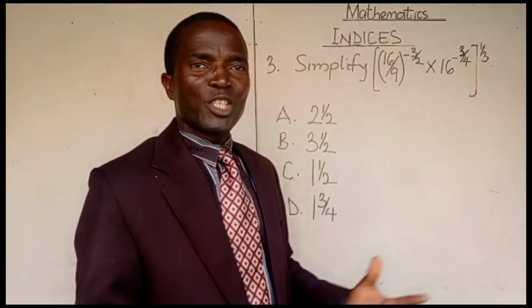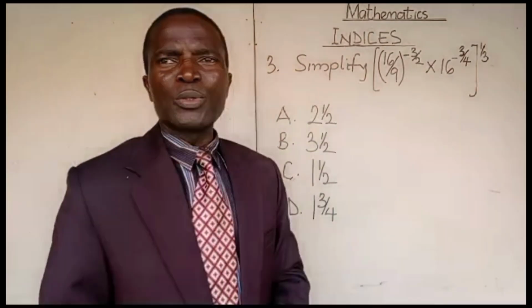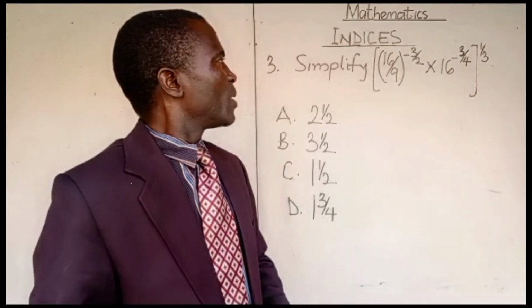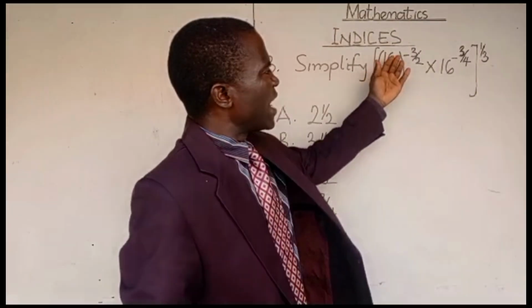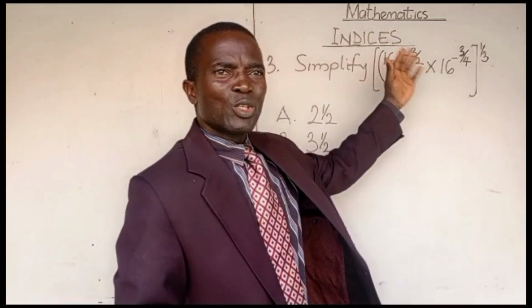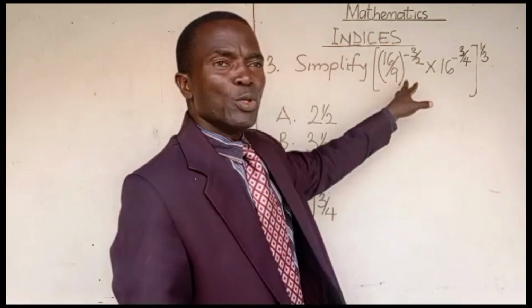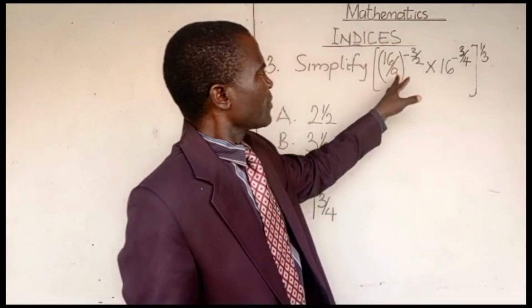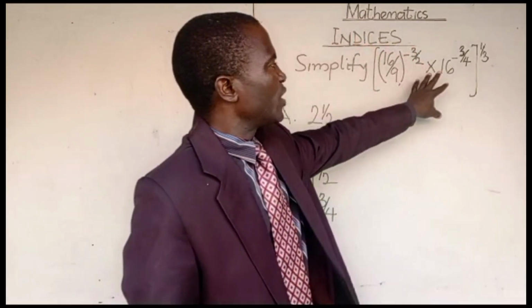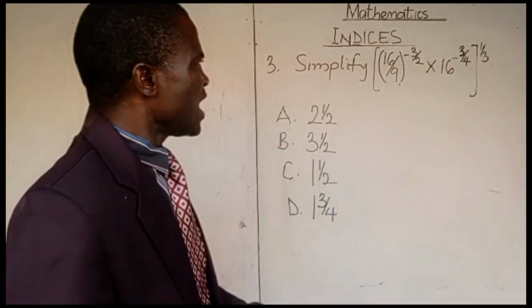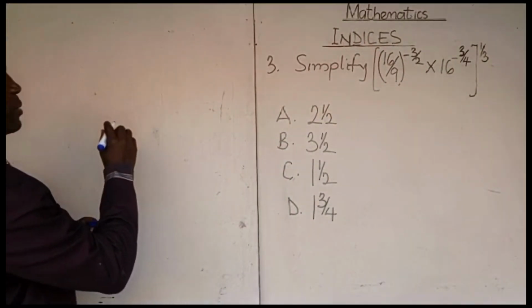We have the multiplication law, the division law, the unit power law, the zero power law, and we also have the fractional negative power law. So the law that we are going to use to solve this particular problem is the fractional negative power law. Let us see how we are going to apply the law in solving this problem.